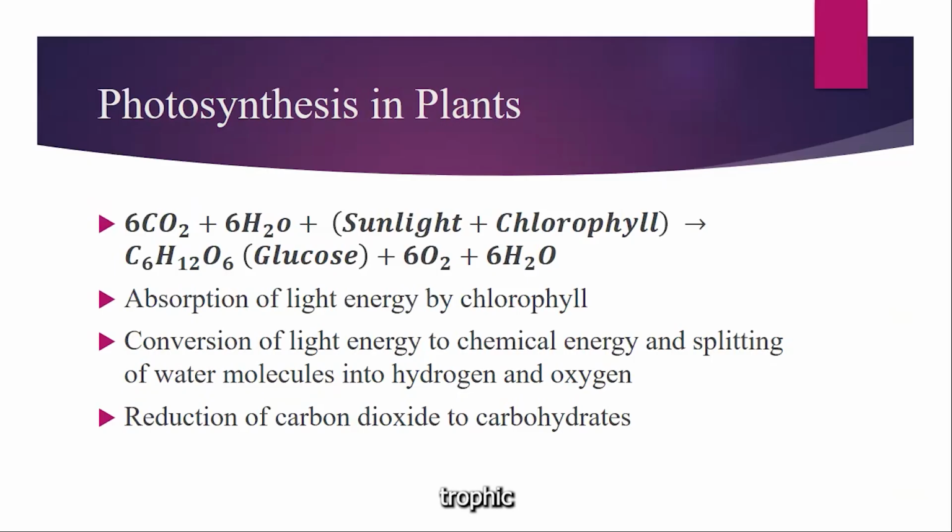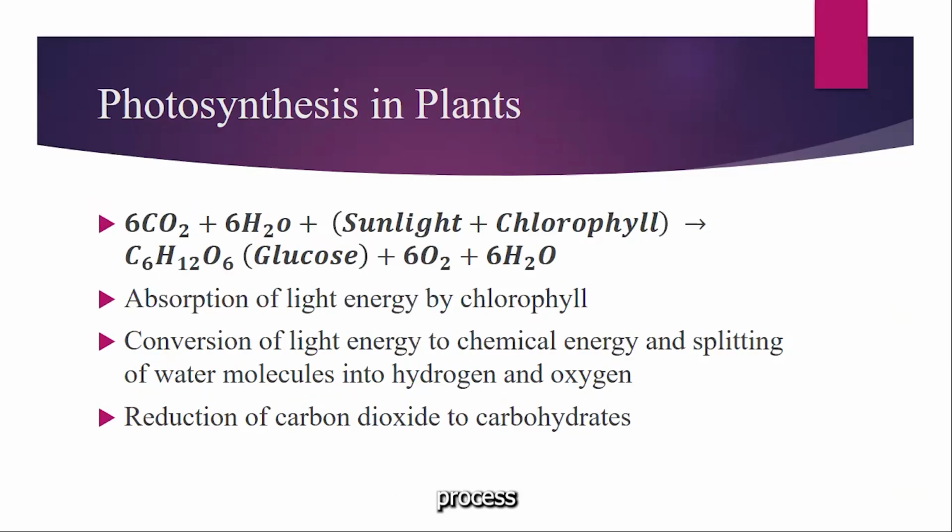So, autotrophic nutrition. Autotrophic nutrition in plants is fulfilled by a process called photosynthesis, in which the plants take in substances from outside and convert them into stored forms of energy. So first we'll discuss the inputs.